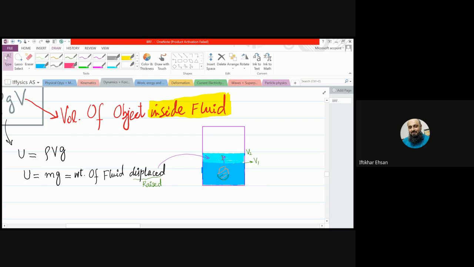So the more the volume inside, the more the water and the larger its weight displaced, right? So larger will be the upthrust.